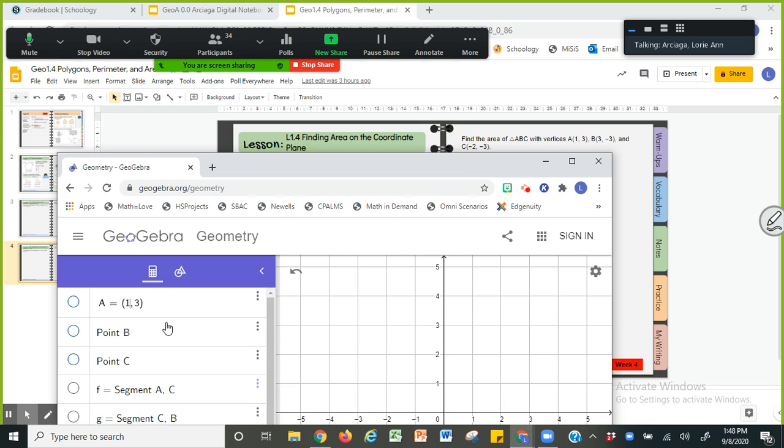If you want to keep the labels A, B, and C, you can go back to point A and actually edit the coordinates, just like what I'm doing now.